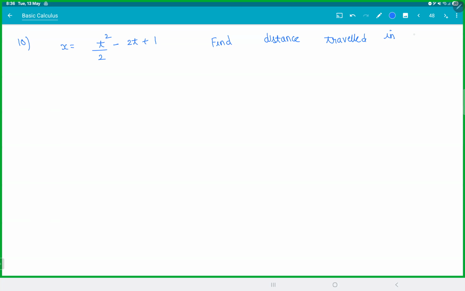Find the distance traveled in 4 seconds. This is a simpler one. Last time we did the cubic equation. This is an easy one.